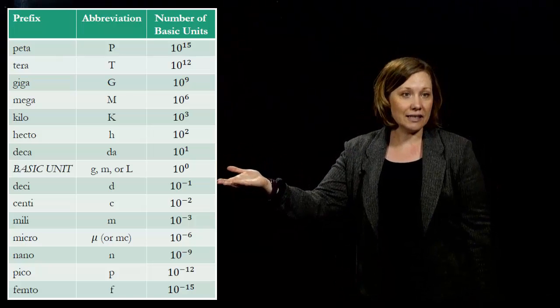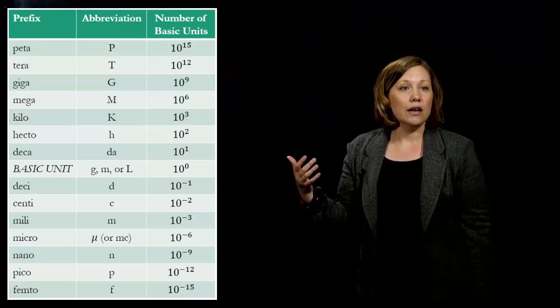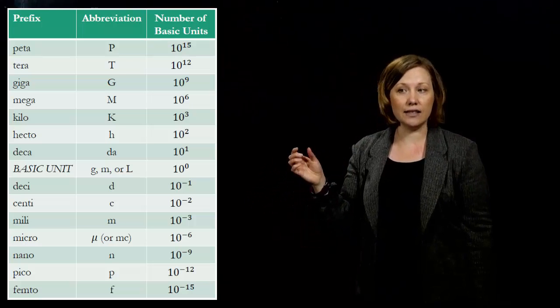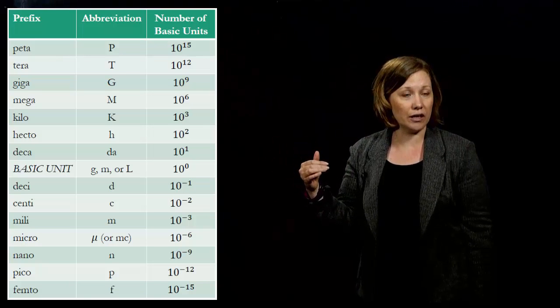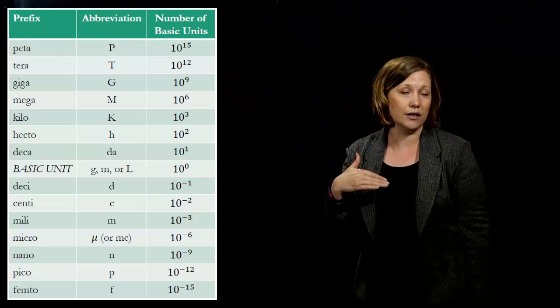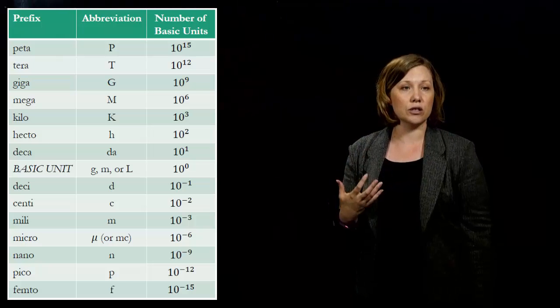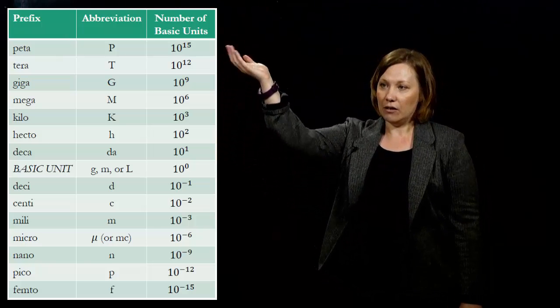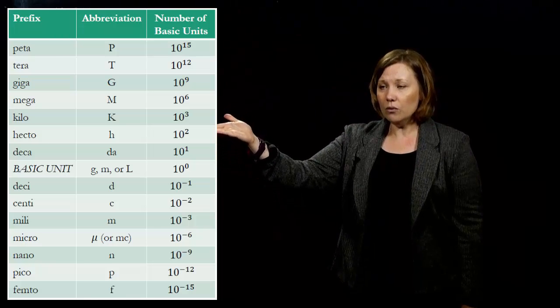And so centi is 100, and so a centimeter was 1/100th of a meter. If we take that 10 to the negative 2 and convert it into a fraction, it's 1/100, 1/10 squared, which is 100.